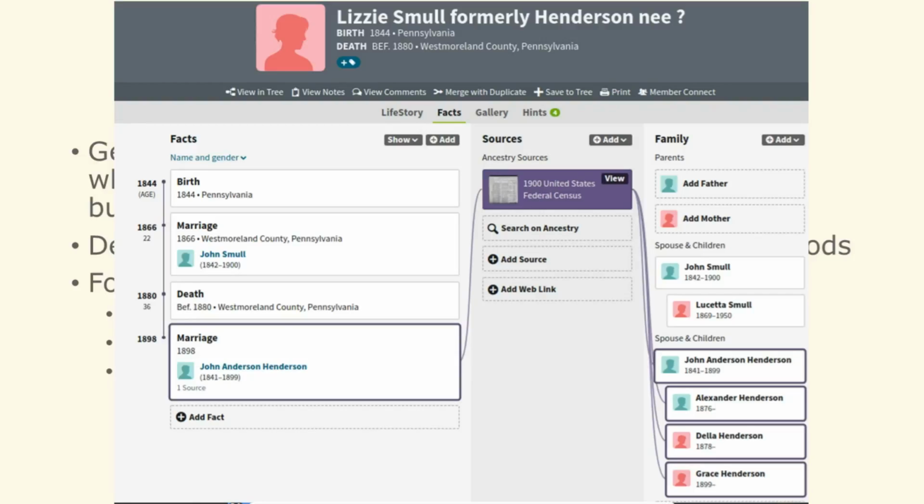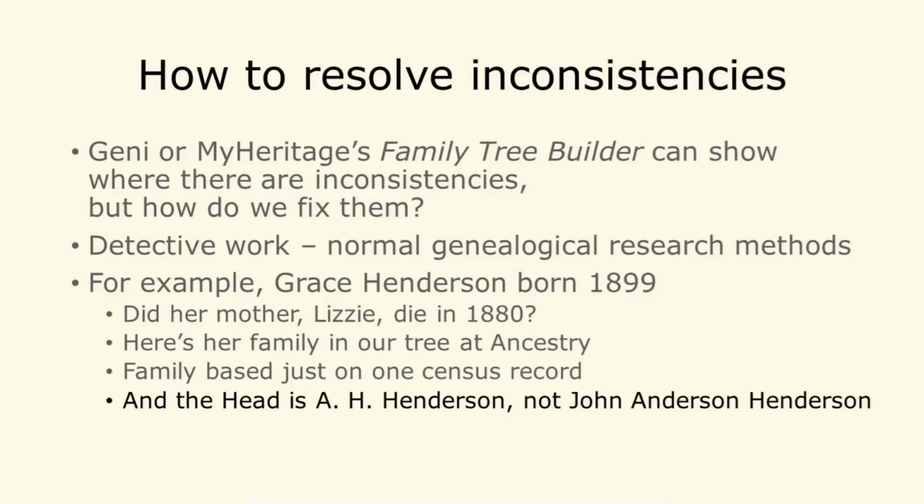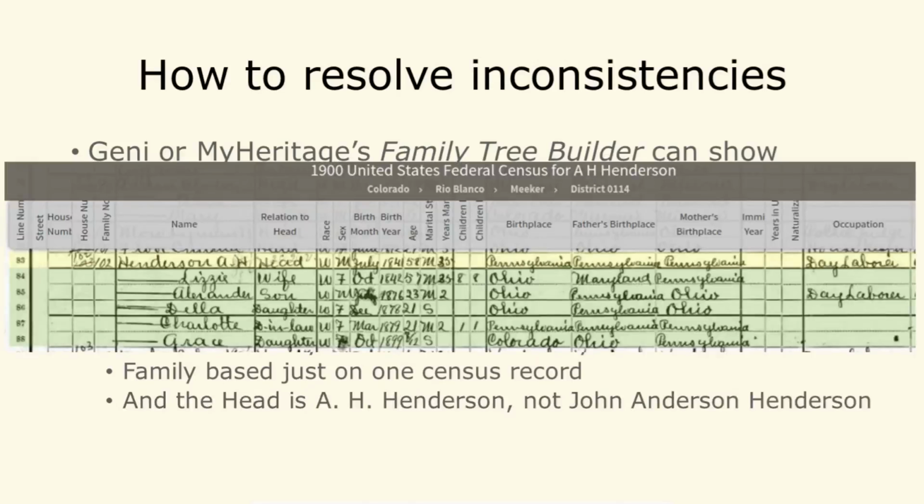Here on her profile, you can see the lines which show the information that's supported by that 1900 federal census record. But the head of the family in that census is A.H. Henderson, not John Anderson Henderson. So there you can see the original document with Henderson A.H. as the head and his wife Lizzie.